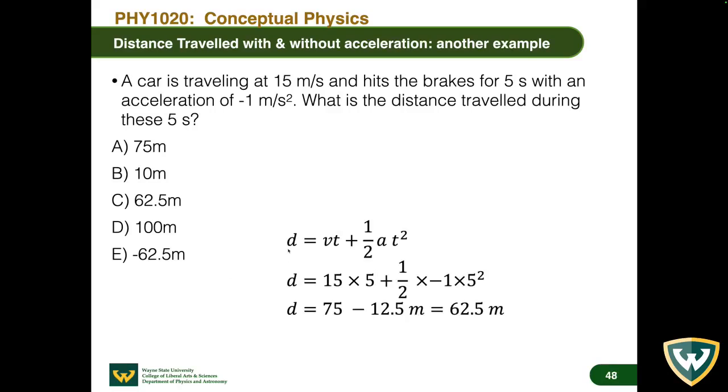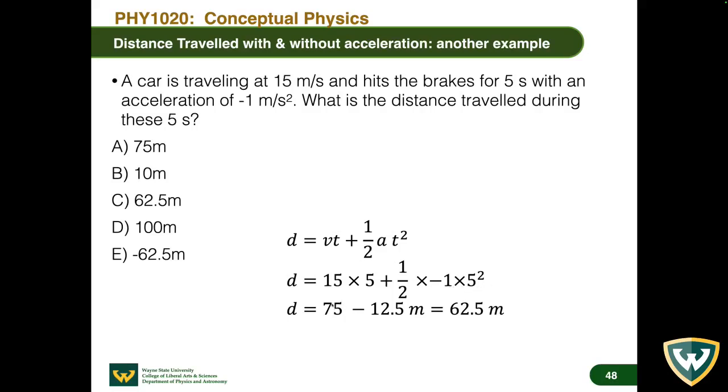So the distance is equal to v times t plus 1/2 at squared. So v here is the initial velocity, 15. The time is 5 seconds. The acceleration is -1. So we have 1/2 times -1 times 5 squared.